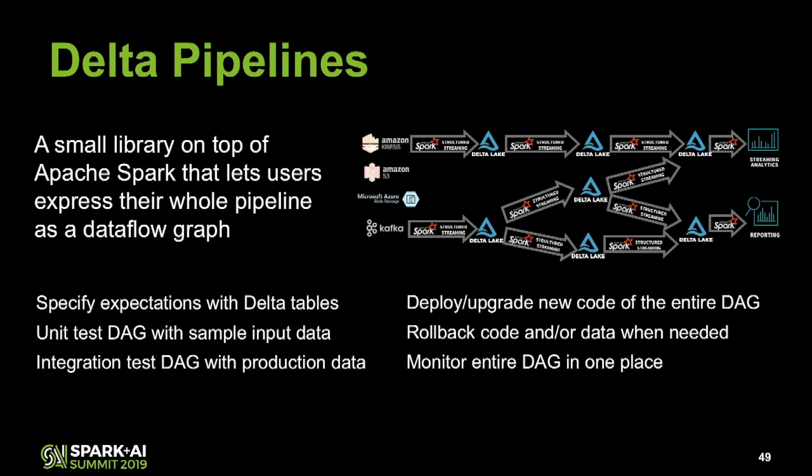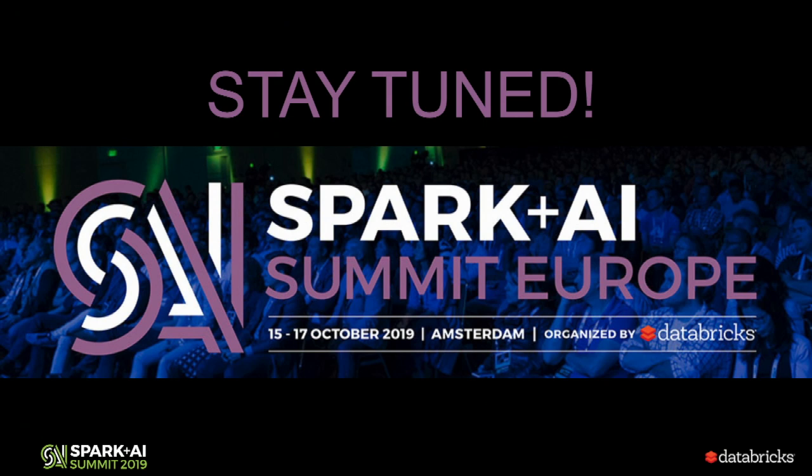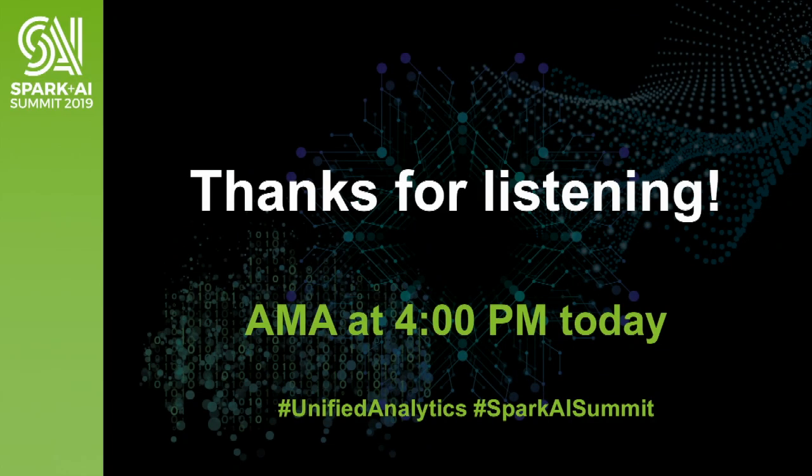All of that can be done and managed through this simple library. And deploying, upgrading, rolling back both code and the data that needs to be rolled back because the output was incorrect, because it failed expectations, etc. All of that can be done using this library. That's our hope. We're building this, and hopefully we'll be able to announce something at the next Spark Summit Europe, so stay tuned.